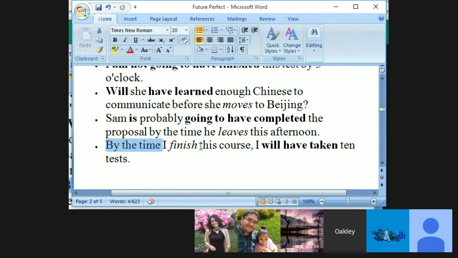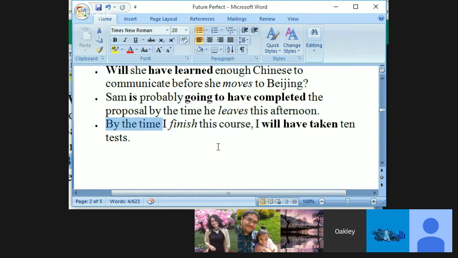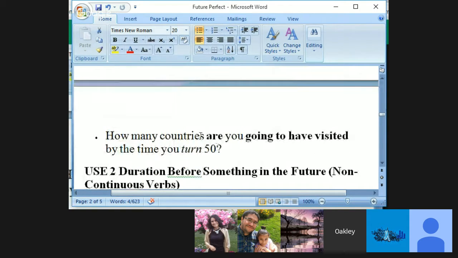You could use a past tense for the second conditional. You can use a past perfect for the third conditional, or hypothetical in the past, but you never, ever use a future tense. So it may be other tenses. It doesn't have to be always present tense, but it cannot be a future tense.